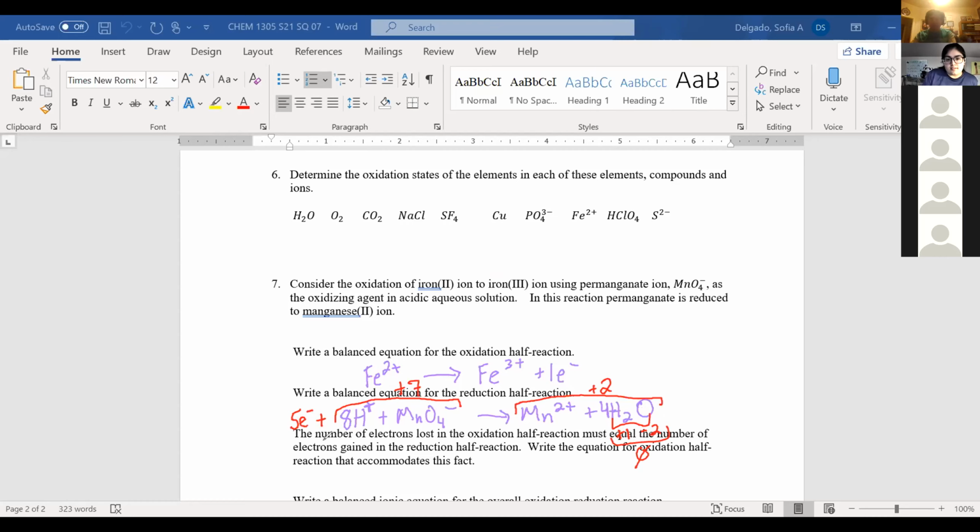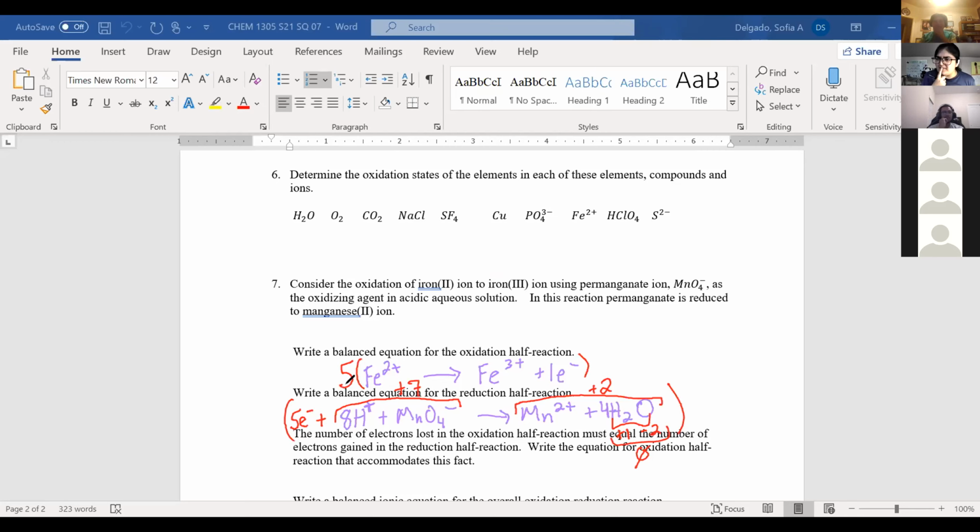And remember we said the last part of this is that you need to have transferred the same amount of electrons. So now the last thing that you need to do is just find a common multiplier for both of these so that you have the same number of electrons on both sides. So this one's easy because you can leave it as 5 and then we multiply this by 5.